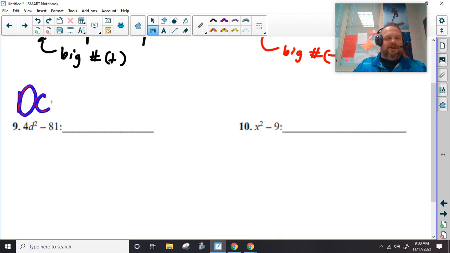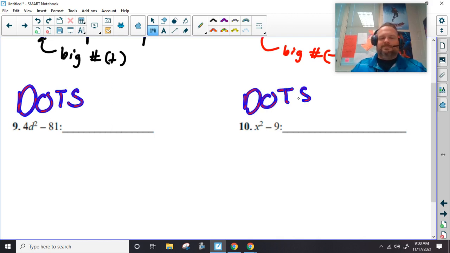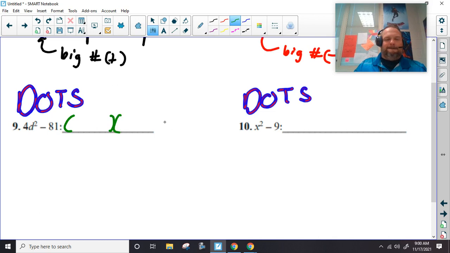But these are dots, the difference of two squares. Okay. Now, this is some of the stuff we did Monday. Now, with the difference of two squares, we know that the signs are going to be different. Okay. Because that's always different on the dots.